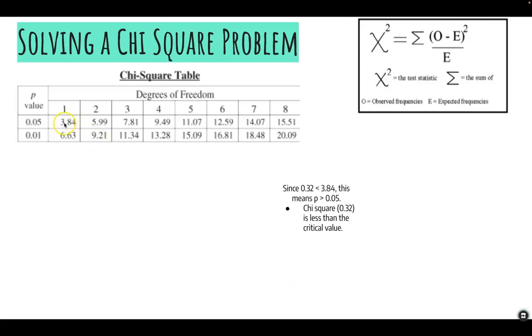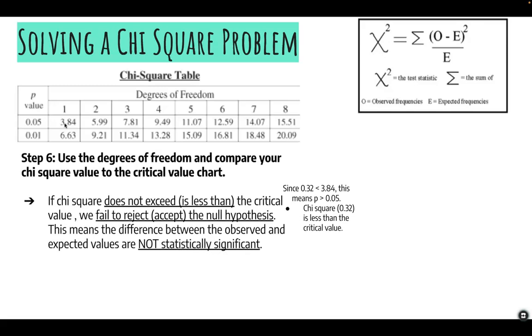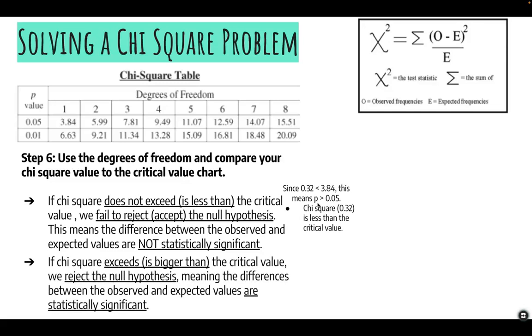And 0.32 is less than 3.8. So technically, our p-value is greater than 0.05. All right, so in this case, we are going to fail to reject the null hypothesis. And so the coin differences are due to random chance and not bias.